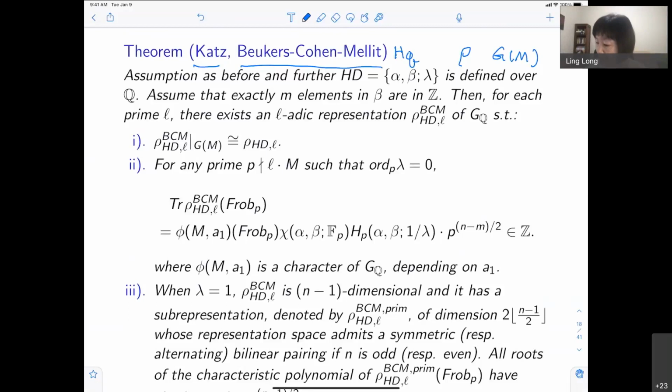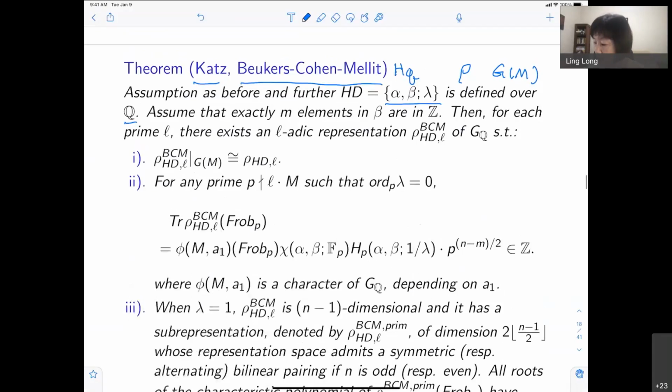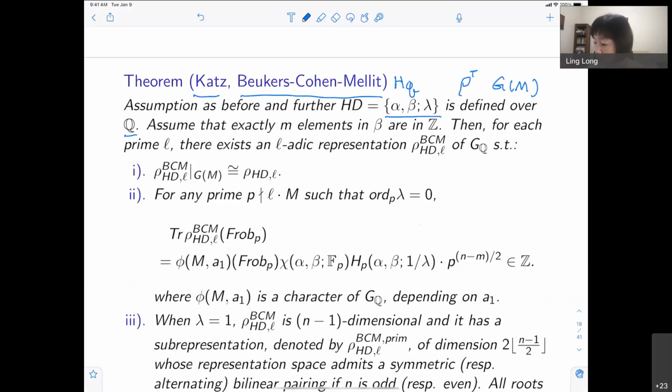And if alpha, beta, including lambda, are all defined over Q, then this representation is isomorphic to any of its conjugates by elements of the quotient group G_Q mod G_M. If you look at any of those elements, the coset, and do the conjugation, by the assumption that alpha, beta, lambda are defined over Q, they will be isomorphic.